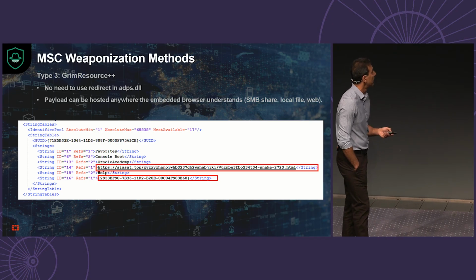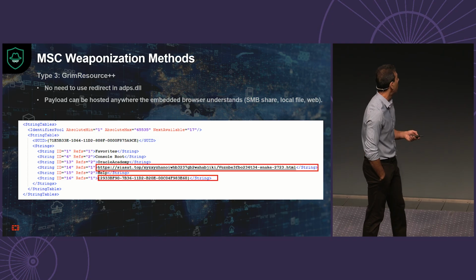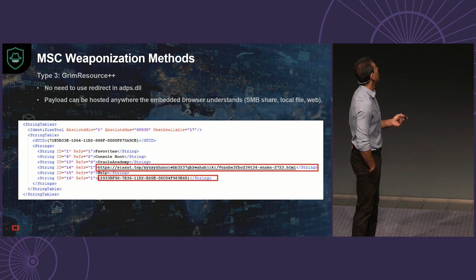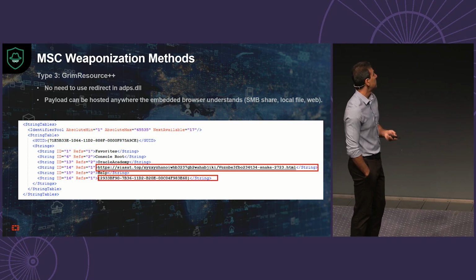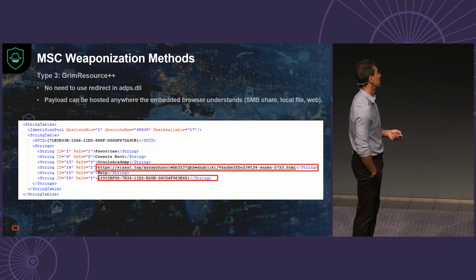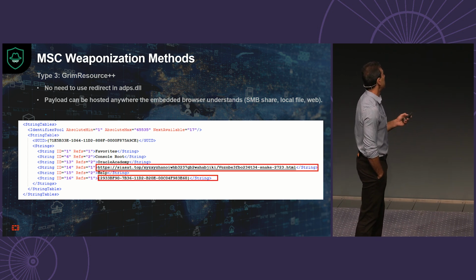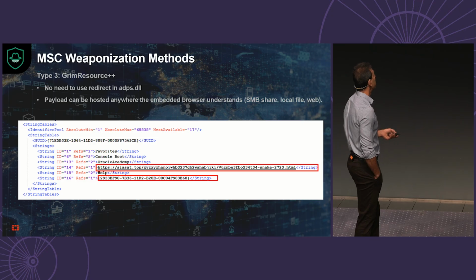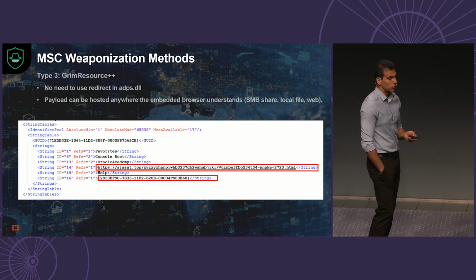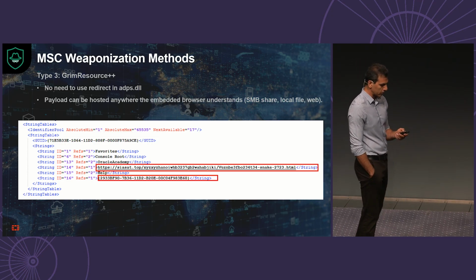The first is the reference to the remote URL, and the second is the CLSID of the ActiveX object. You need to specify the second one if your URL contains JavaScript. Then you need to specify the MSXML CLSID, so it will be able to execute the JavaScript inside the web browser.